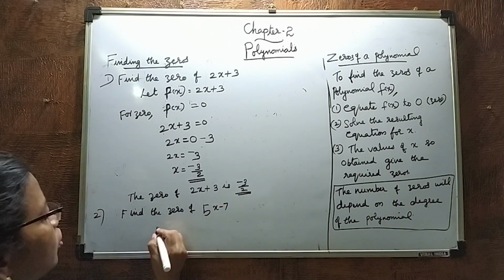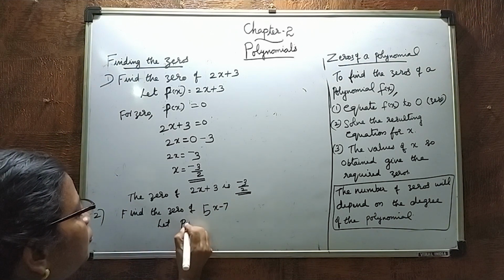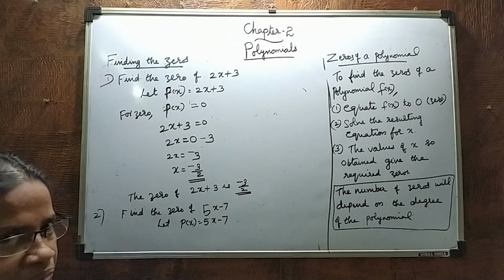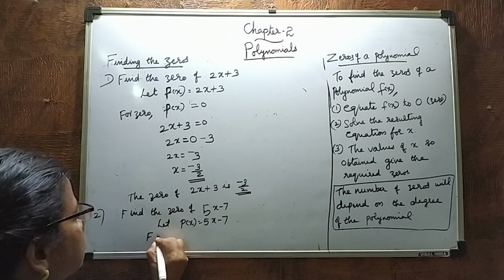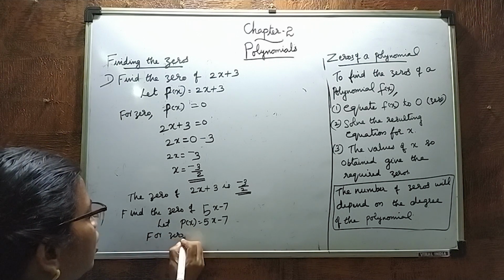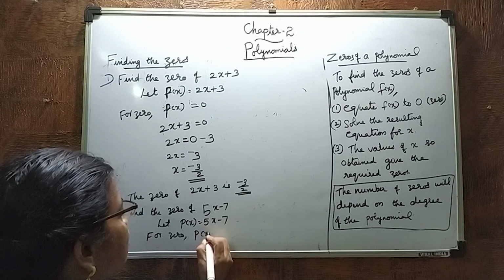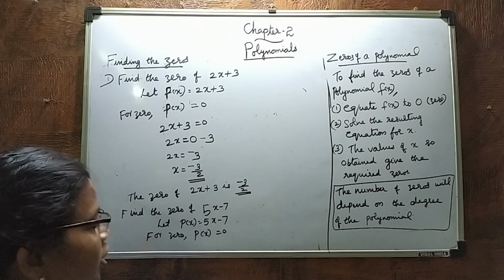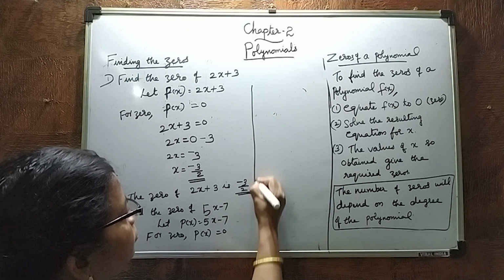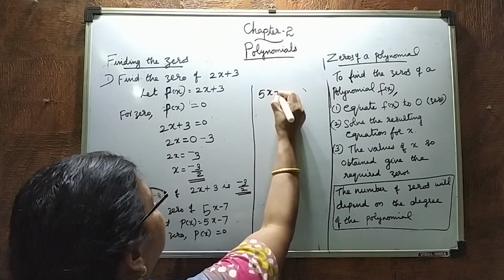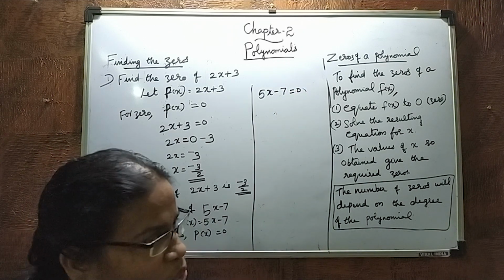So first step you have to do, let p of x is equal to 5x minus 7. Next, for zero, make p of x equal to 0. Next step, instead of p of x, you have to write 5x minus 7 equal to 0.